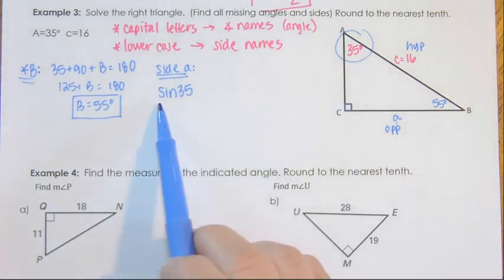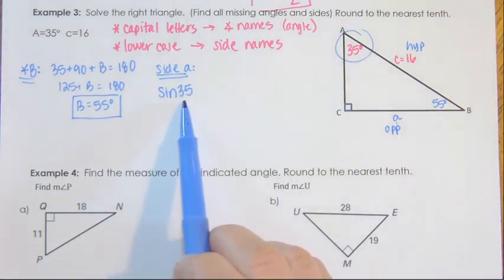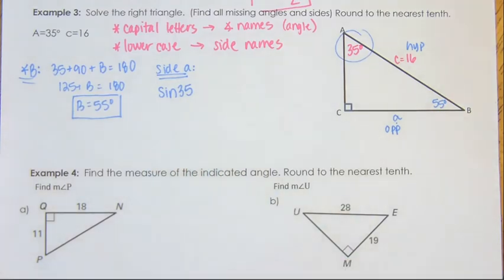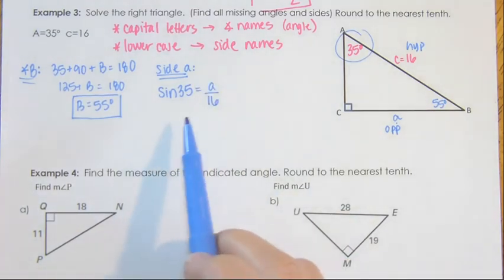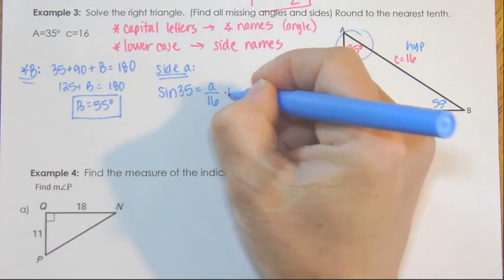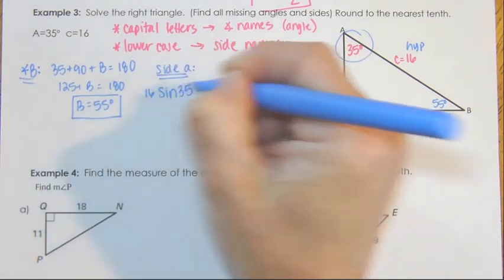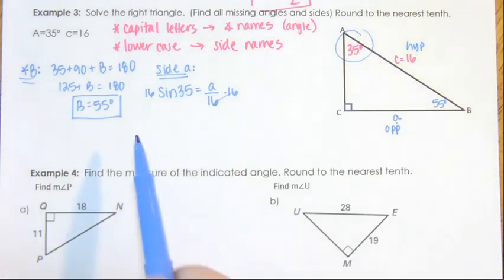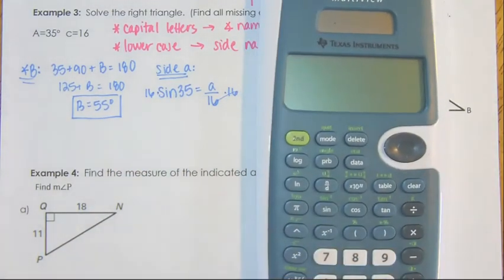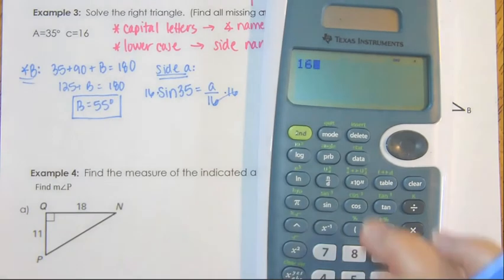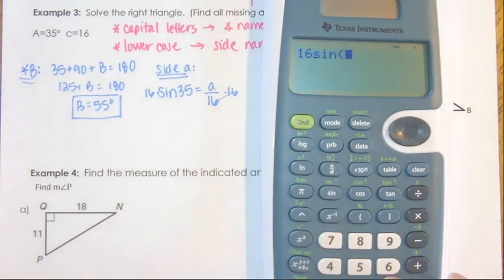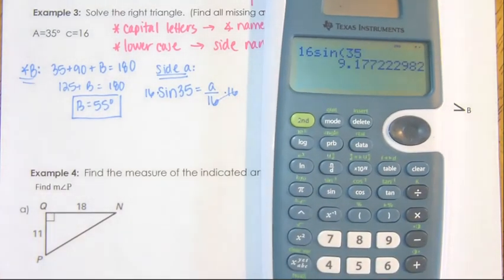So I've got the sine of angle 35 is equal to opposite over hypotenuse. In order to solve, I multiply both sides by 16. And now you can just type all this into your calculator. 16 times sine 35. And you should get, rounding to the nearest tenth, 9.2.